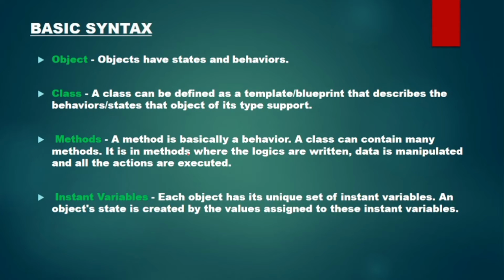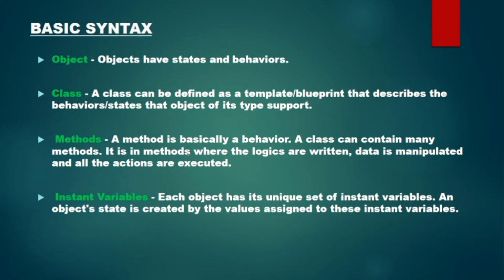So, the basic syntax of C++. A C++ program can be defined as a collection of objects that communicate via invoking each other's methods. Let us now briefly look into what an object, class, methods, and instance variables mean. First, the object. Objects have states and behaviors.